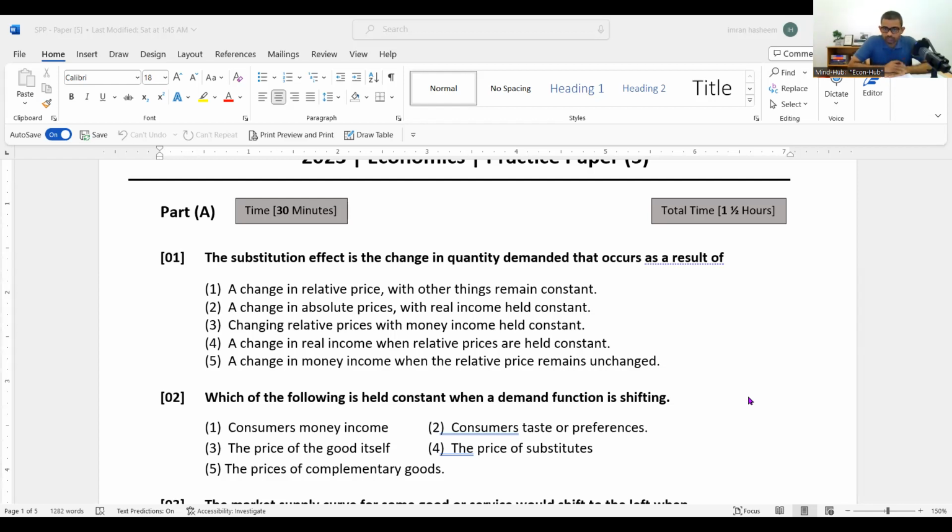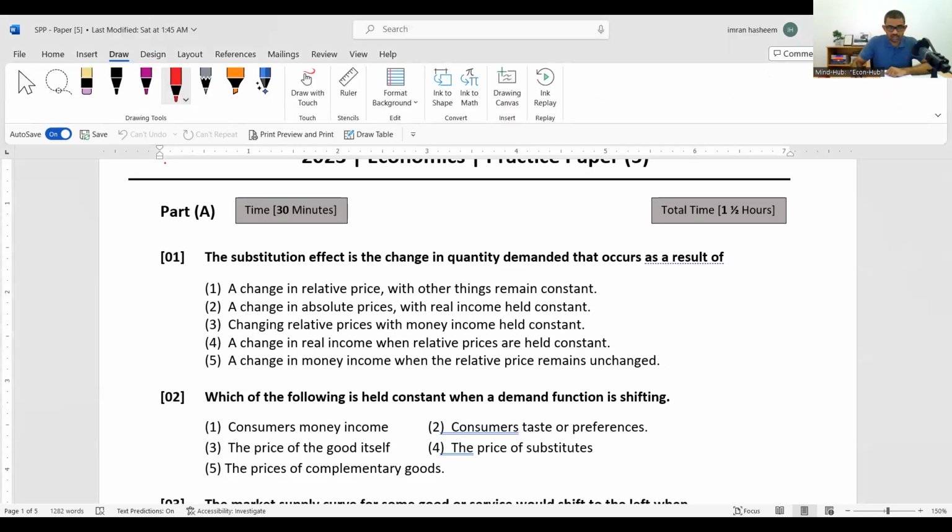That's not about the substitution effect. A change in money income when the relative price remains unchanged is basically neither the substitution nor the income effect. The correct answer, we will settle with number 1, the first option.